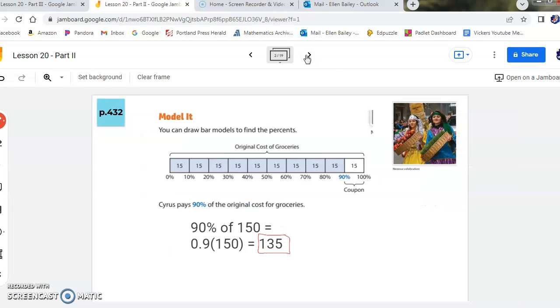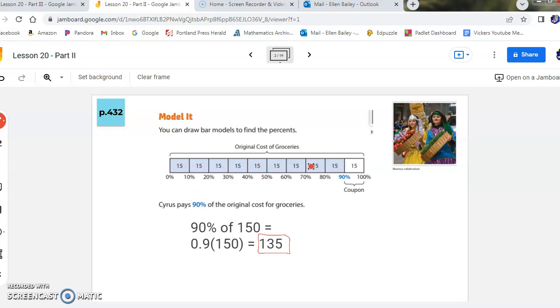All right, now let's look at this because they have some interesting things that we are going to use to save us time. All right, if we can save time in math, we should do it. All right, so let's take a look at page 432. Here's a bar model here that is split into 1, 2, 3, 4, 5, 6, 7, 8, 9, 10 groups. All right, so each of these represents 10%.